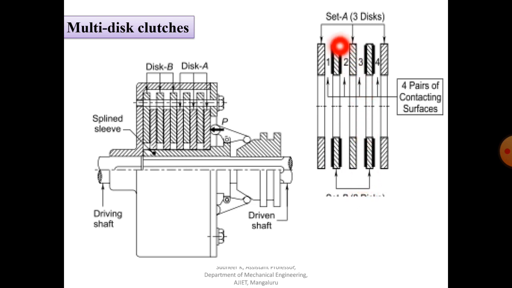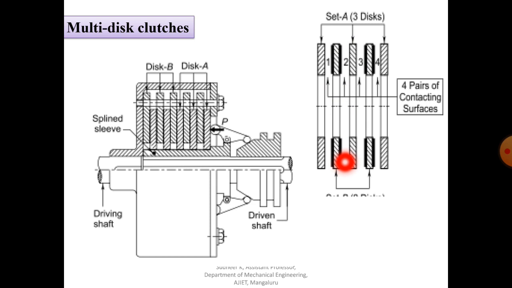So set A is made of steel and set B is made of bronze. Set A is always connected to the driven shaft by means of splines.